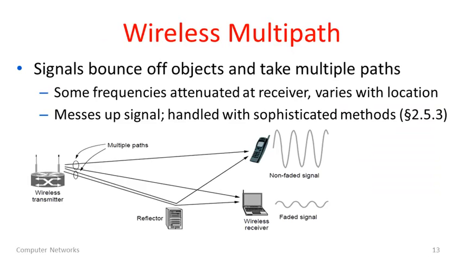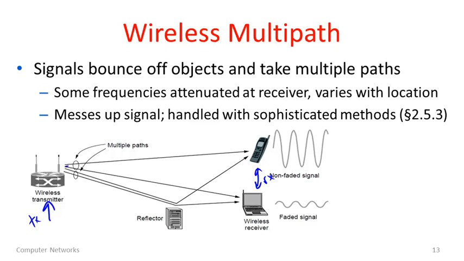Multipath is important for us to understand because it has a big effect on communication systems. Multipath occurs because in the microwave band, signals bounce off objects. This means that they can take multiple paths between a sender and a receiver. On the left here I have a transmitter, and on the right I have receivers, TX and RX. Now let's just look at one receiver up at the top here.